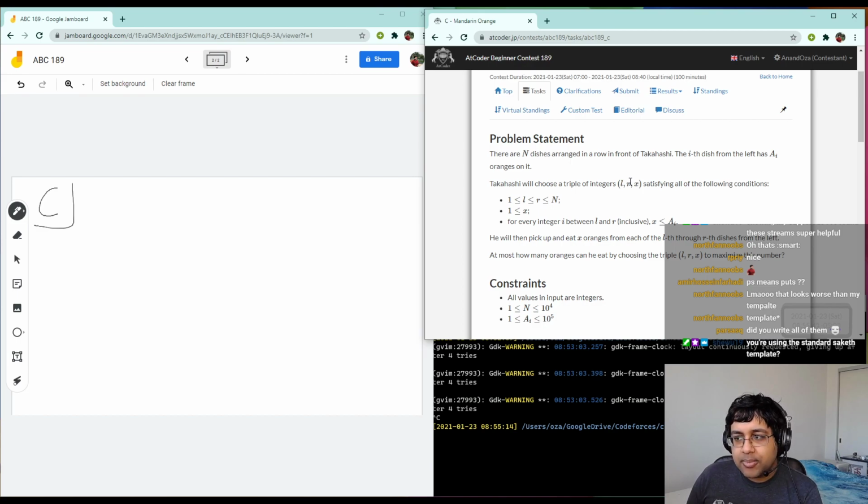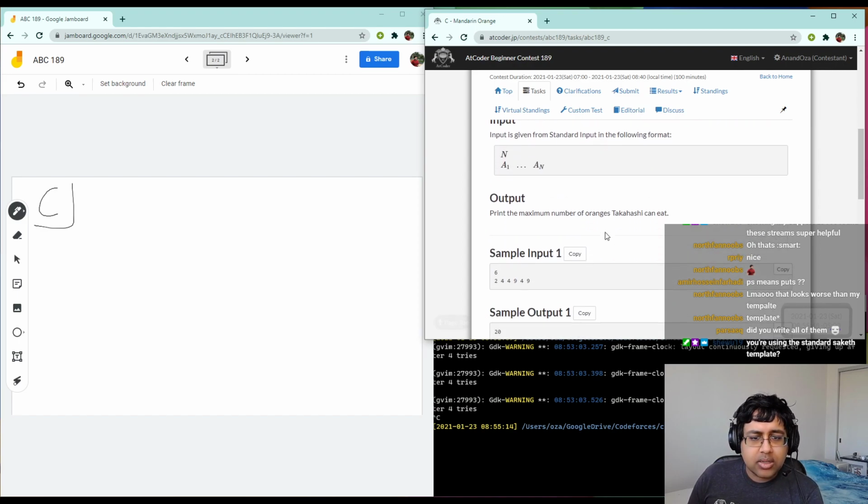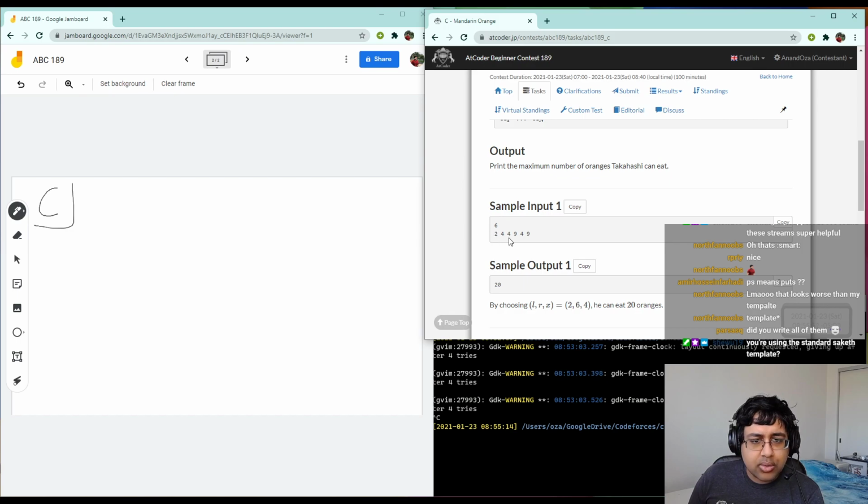Once you do that, you want to maximize the number of oranges that you took. They have an example here, 2, 4, 4, 9, 4, 9, and it seems they're saying if you pick these 5 dishes, you can take 4 from each one, and you can eat 20 oranges.